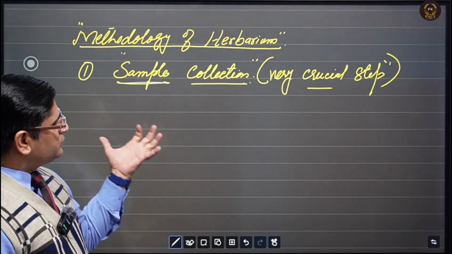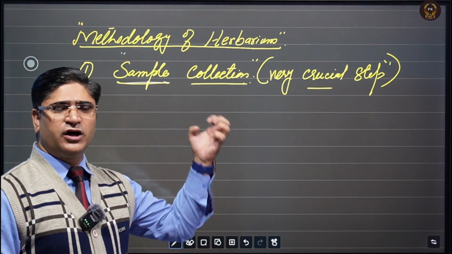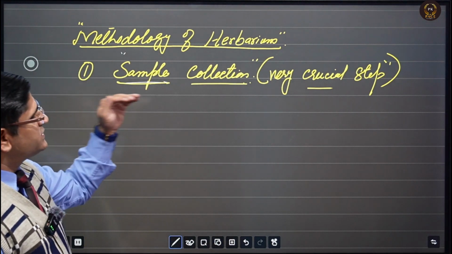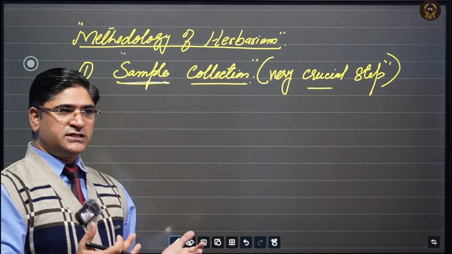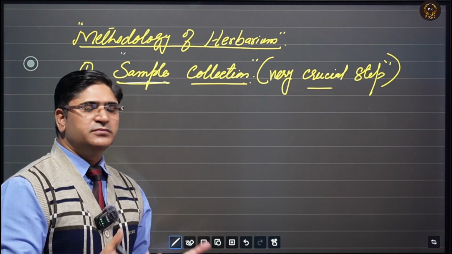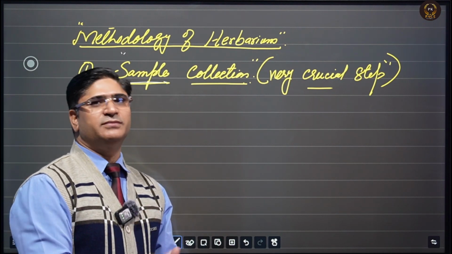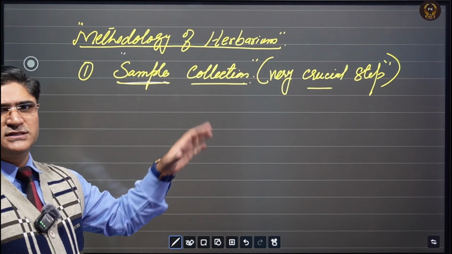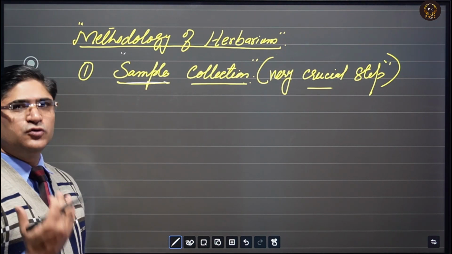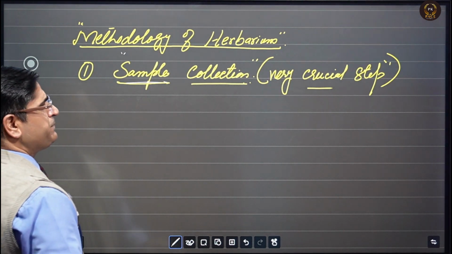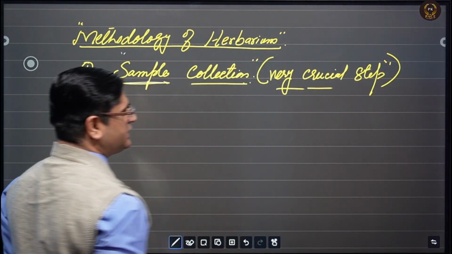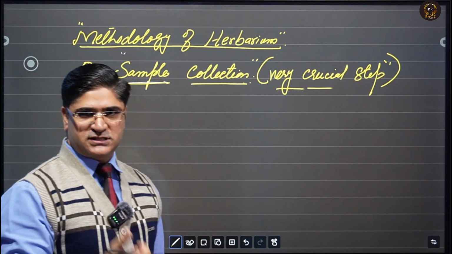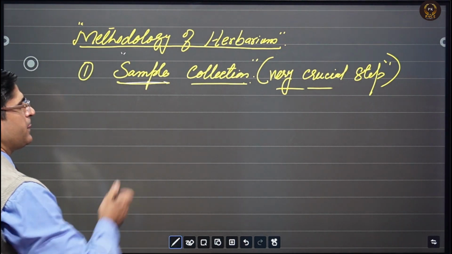Any researcher or collector has to visit those very risky places. There are many risky animals, and there is a risk to life as well. So taxonomists or collectors find it difficult to visit those places. That is why sample collection is a very difficult and crucial step.